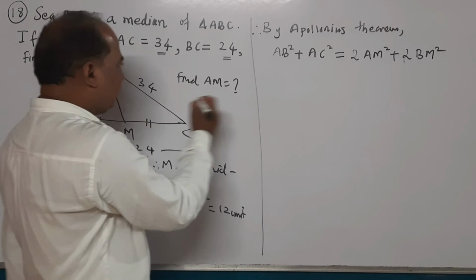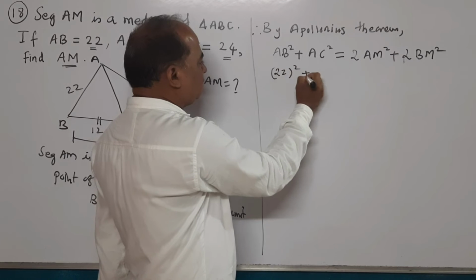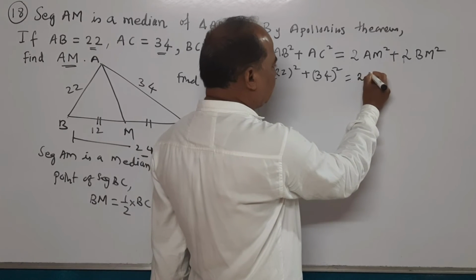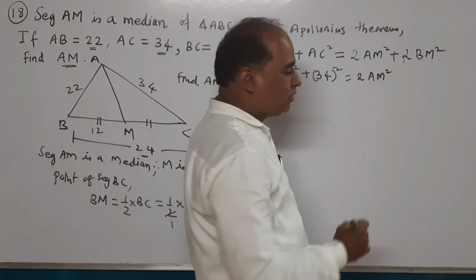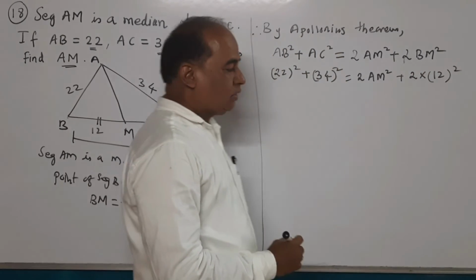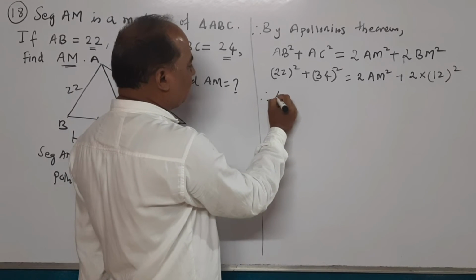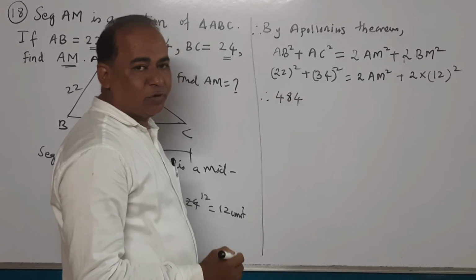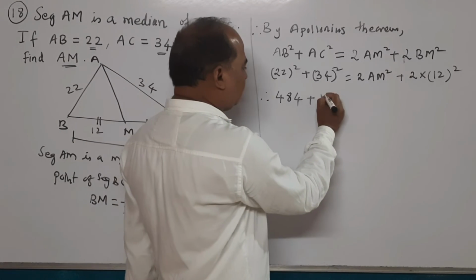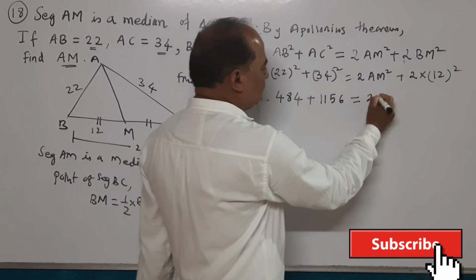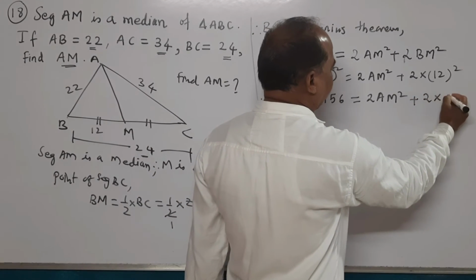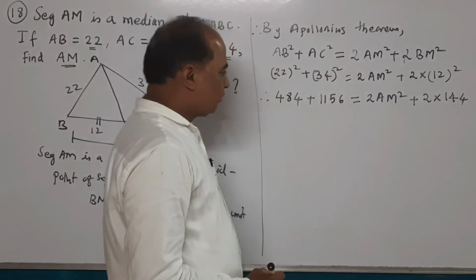So here 22 square plus 34 square is equal to 2 times AM square, we have to find the length of the median, plus 2 times BM square. Now taking the squares, 22 square is 484, plus 34 square is 1156, is equal to 2 times AM square plus 2 times 12 square, which is 144.